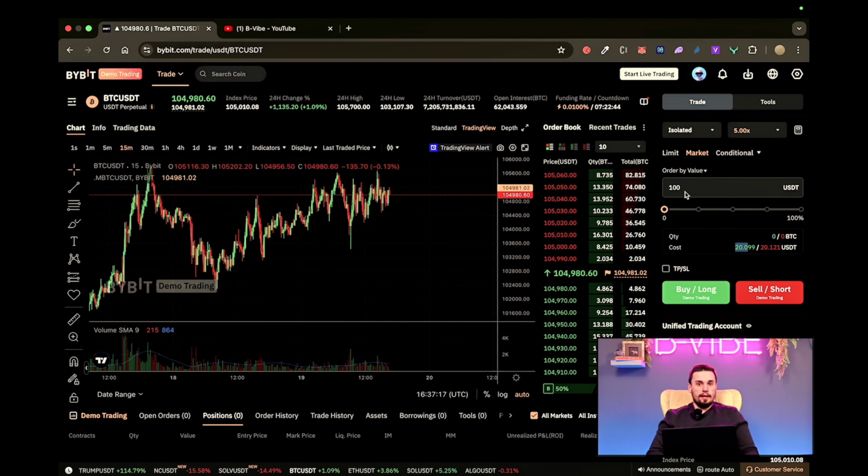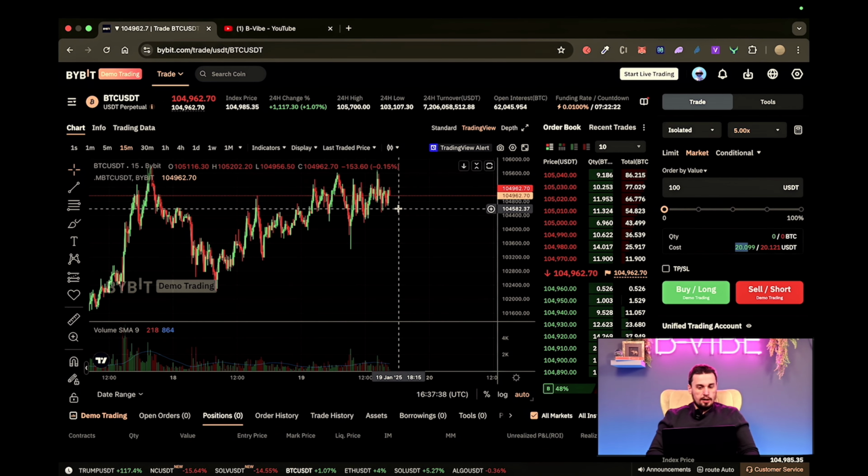So basically you will enter the trade with $100, of which $20 is yours and $80 is borrowed money. But then the liquidation price is not 0. The liquidation price tends to move closer to the actual current price, and I will show you that.